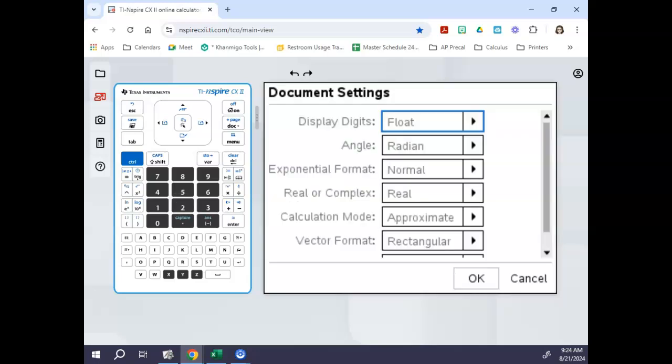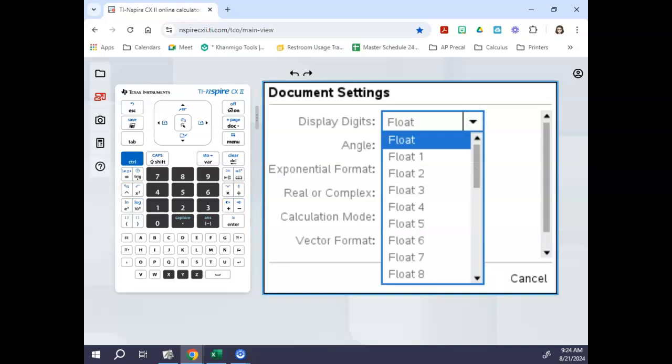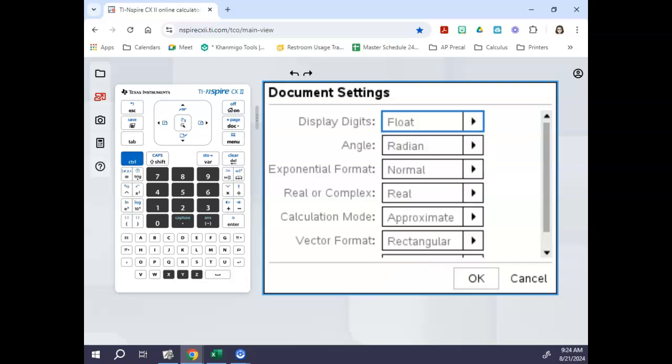Okay. Then hit 2. Now, it's possible your settings are already correct, but maybe not, so we want to make sure. This display digit should say float, not float 6, float anything, just plain old float. Okay. The angle should be radian.